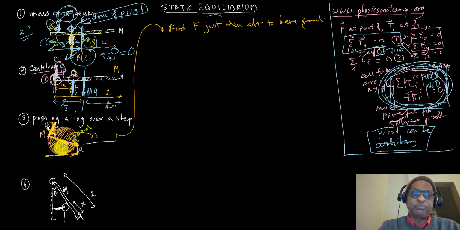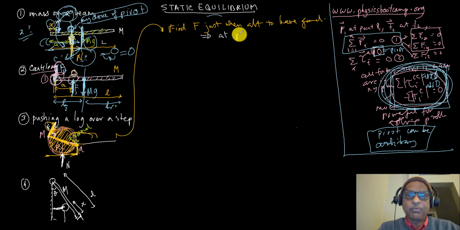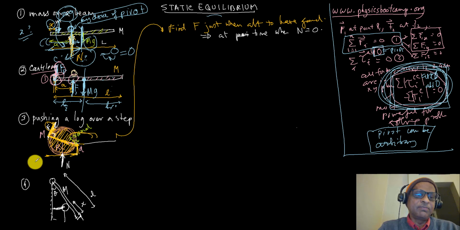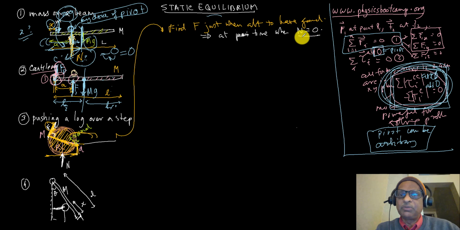Till you're resting on the ground a little bit, touching or pushing on the ground, there will be a normal force from the ground. And this just means at the time when n is 0. So I'm going to set it up so n is not 0, but then I'm going to solve it for n equal to 0.